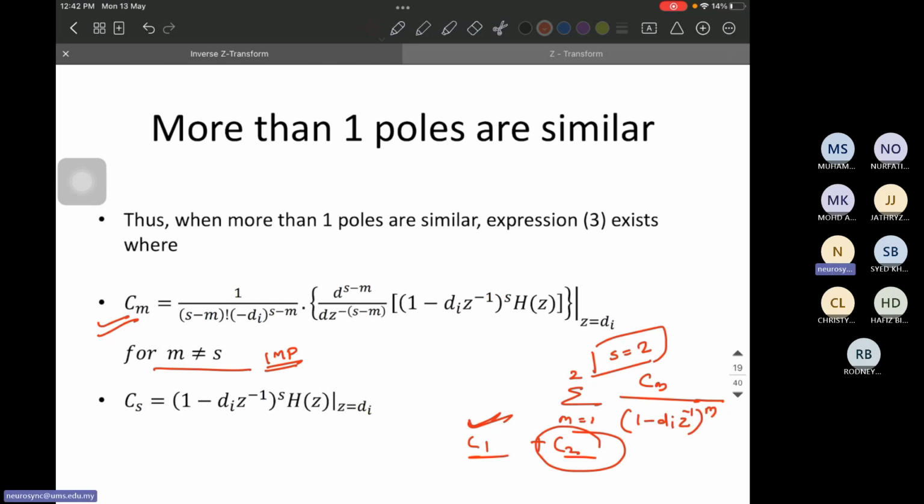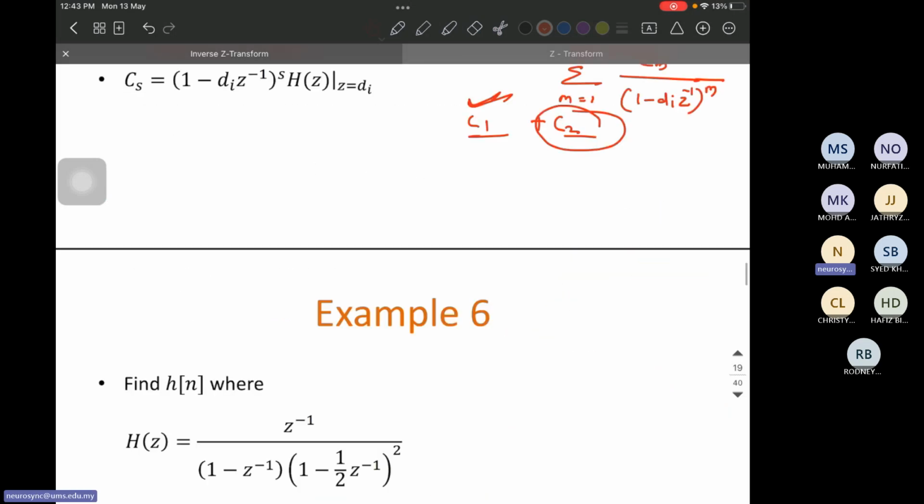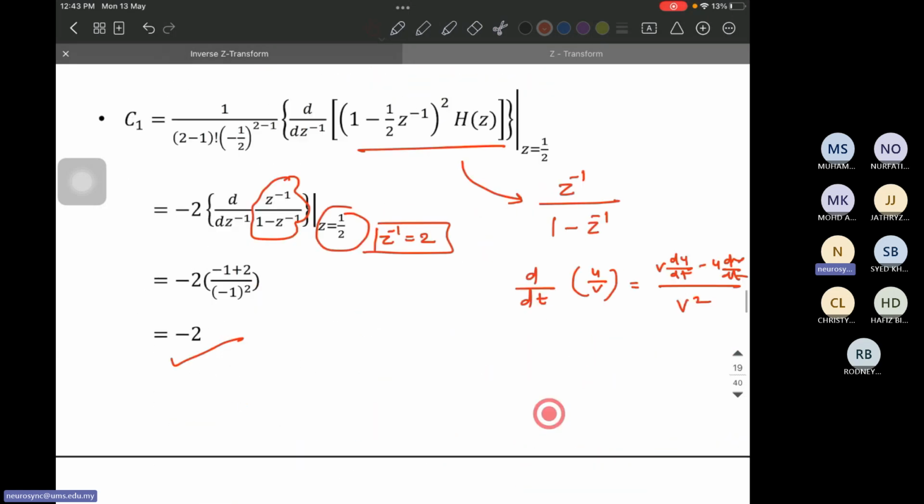Third case is a little difficult, but the previous two cases are moderate. They are easy only. If you know the standard Z transformations for the standard signals, then it is easy to calculate Z inverse. So these are three very important cases in this inverse Z transformation.